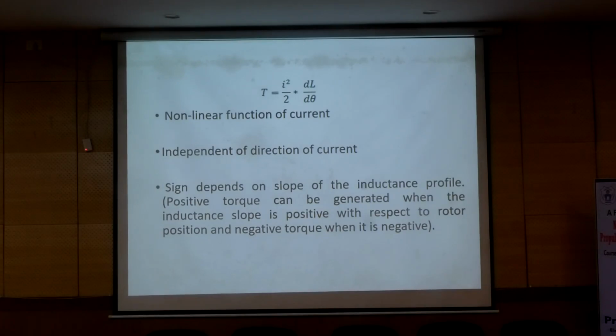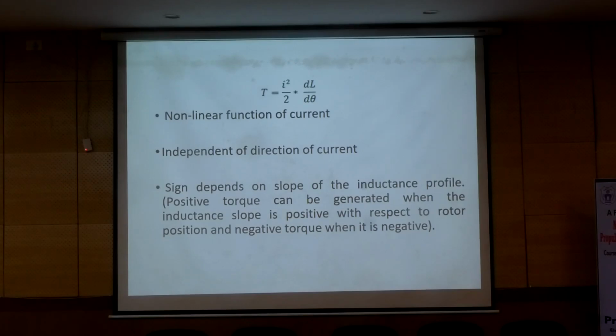So that is what we can understand from this. The sign depends on the slope of the inductance profile, because a positive torque can be generated with current of any direction.